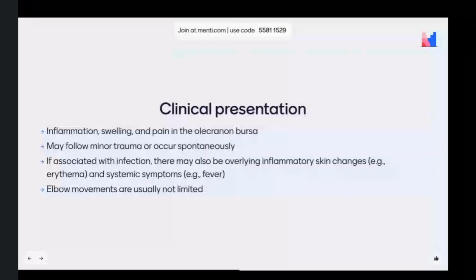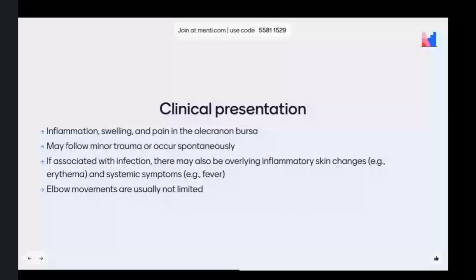So now we will have a briefing about the clinical presentation. This condition is an inflammation, so the patient will have inflammation, swelling, and pain in the olecranon bursa. It may follow minor trauma or arise spontaneously.